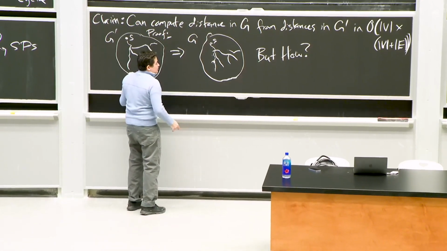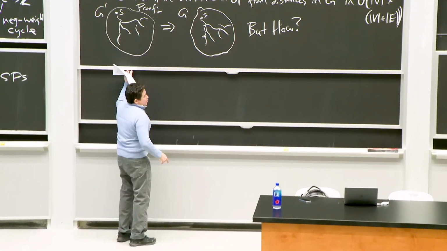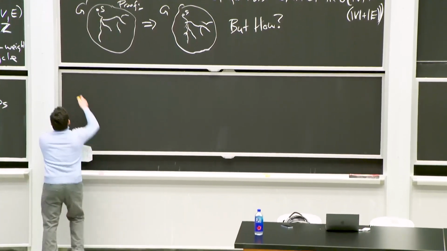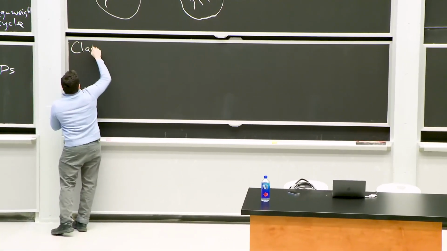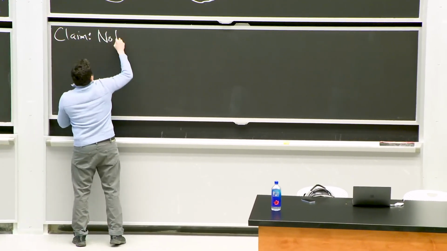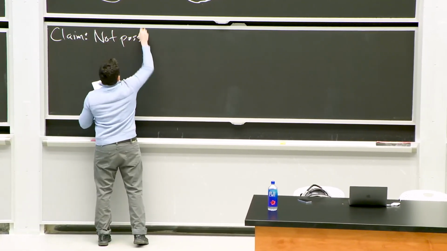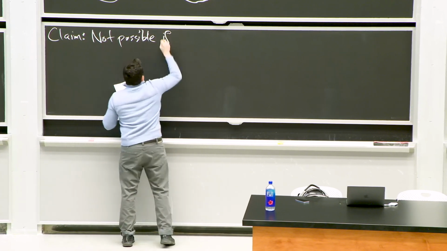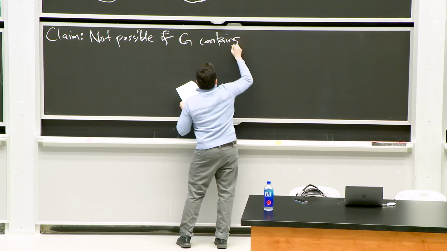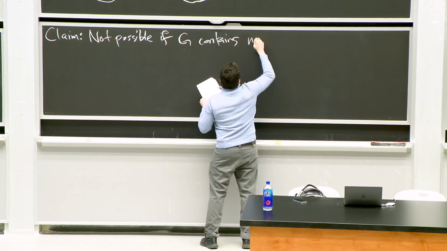And in particular, if there's a negative weight cycle in this graph, it's impossible to do, right? So claim: not possible if G contains a negative weight cycle.